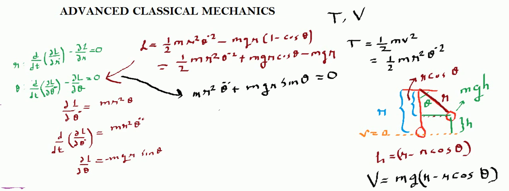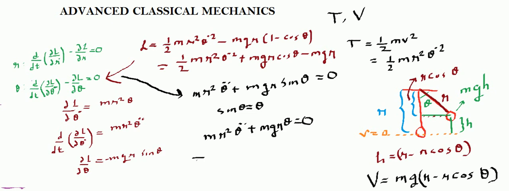We know that for small angles, sin theta can be approximated to theta. So what is the equation now? We get m r square theta double dot plus m g r theta equals 0.